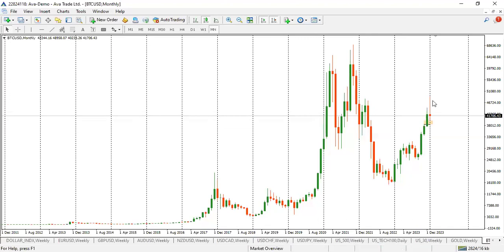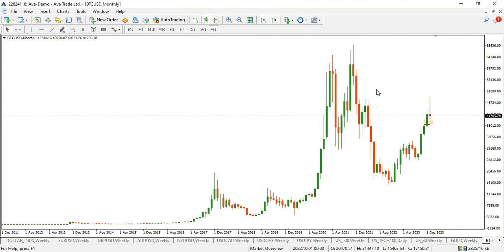That's the level I expect for Bitcoin. That's how far the bull run can go. This old high will not be taken out. It will not be taken out.